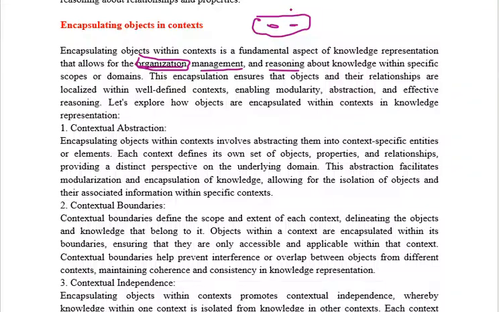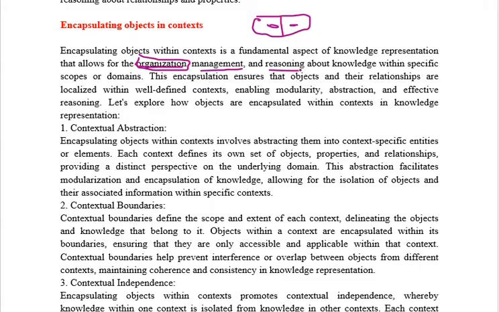But here in the KRR subject, the objects and their relationships are encapsulated. Objects are nothing but real world examples and the relationships between them. That will be encapsulated into one capsule. They will protect the objects and the relationships among the objects in one capsule. I think you understood.